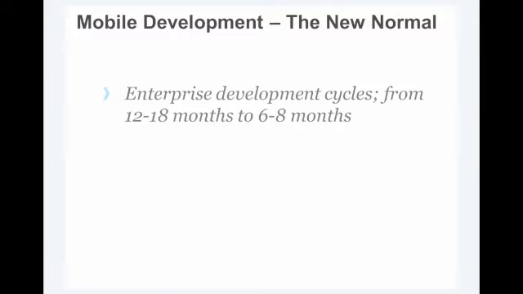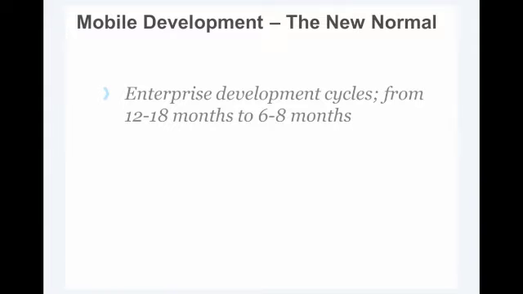Now with mobile and the consumerization that has come with mobile, folks are expecting a much shorter cycle. Things like 6 to 8 months for a lot of the apps that come out of enterprises. In all honesty, every day when I look at my phone, I have 3, 4, sometimes double-digit updates from the apps on the device, and a lot of these come from consumer-driven apps.